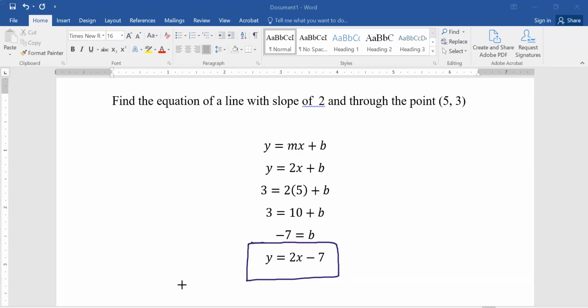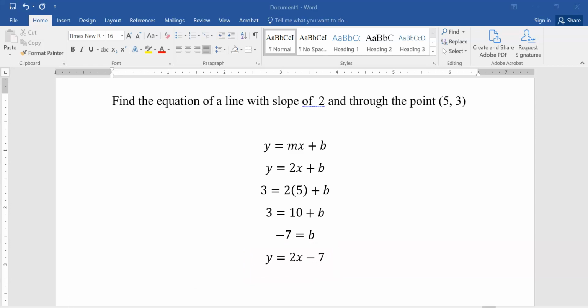Okay? So that's the idea. When I have a slope and when I have a point, I just plug in the slope for m, plug in the point in order to find b. My line becomes y equals that slope times x plus b.